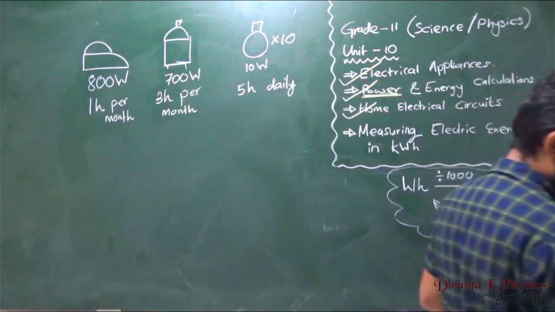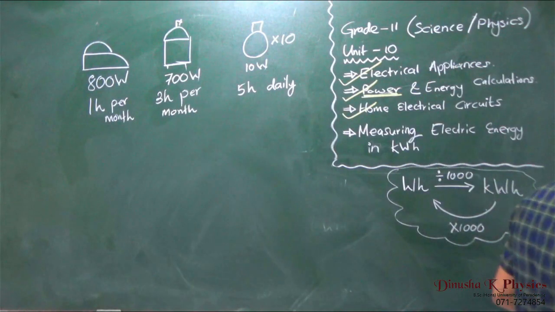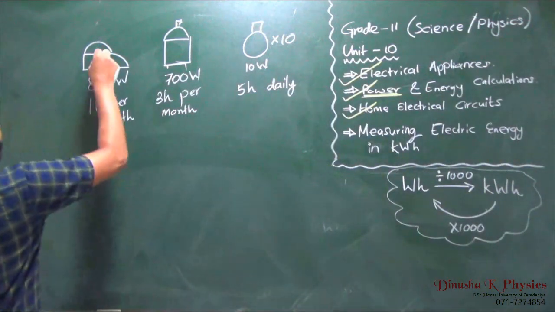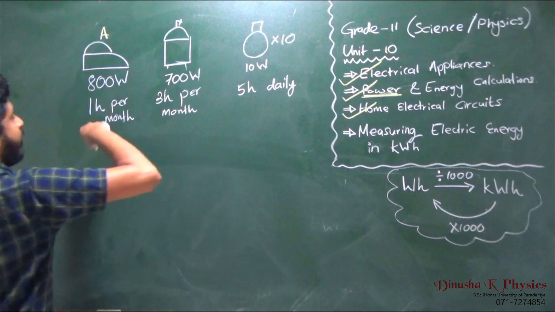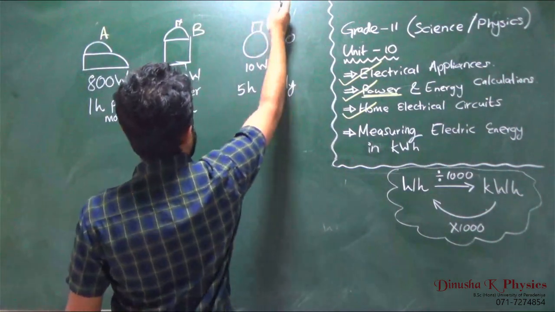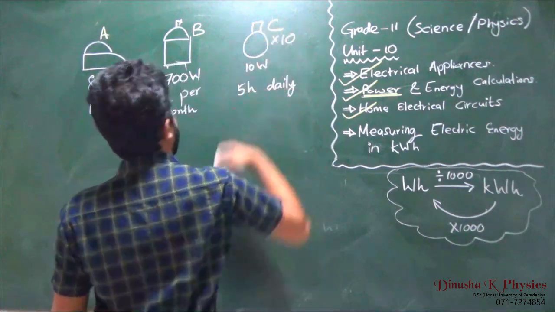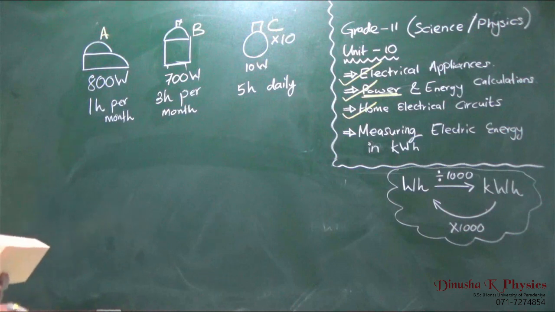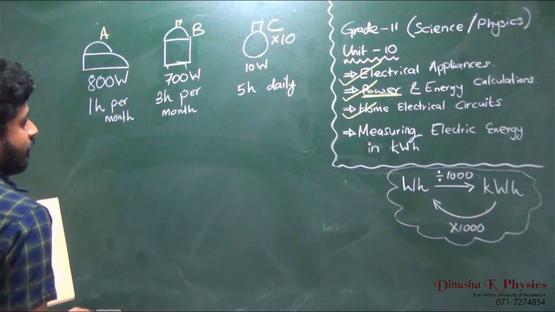Don't worry, these are very easy. I will label this as appliance A, this as appliance B, and this as appliance C, right?